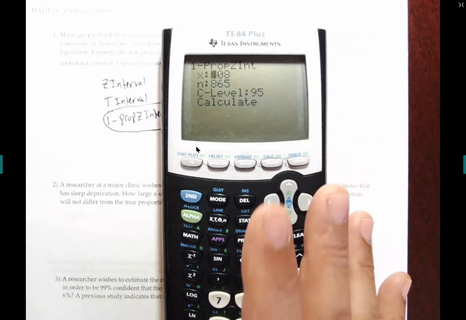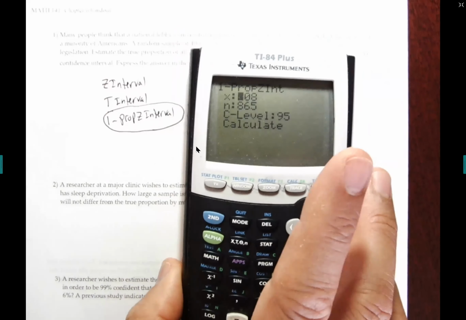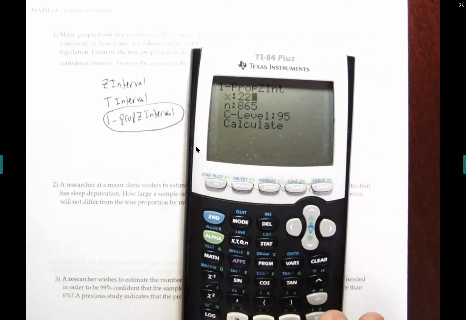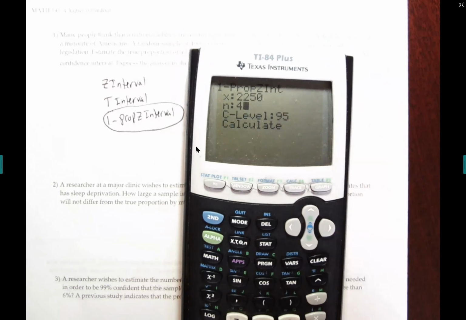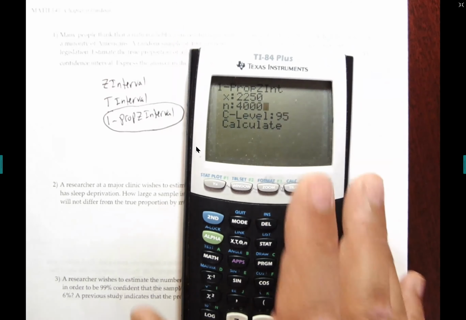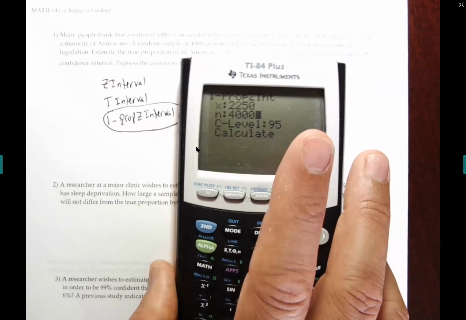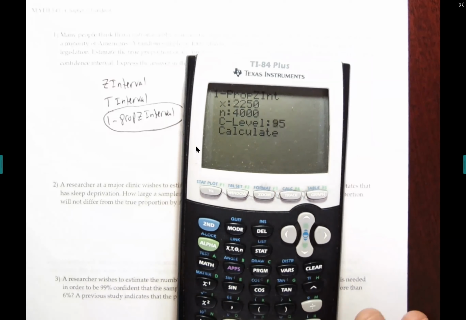Okay, so what do we have here? 2,250. The smaller value is X first. Then N is out of 4,000. And the confidence level, guys, is 99%. And you're done. Here you go.